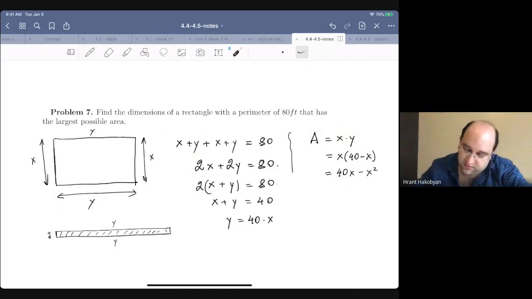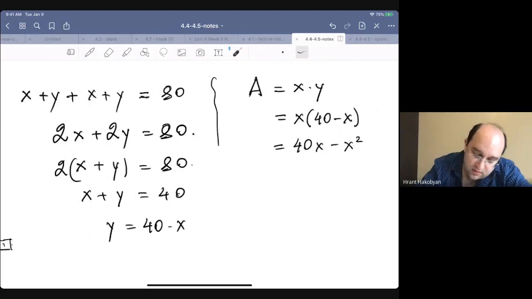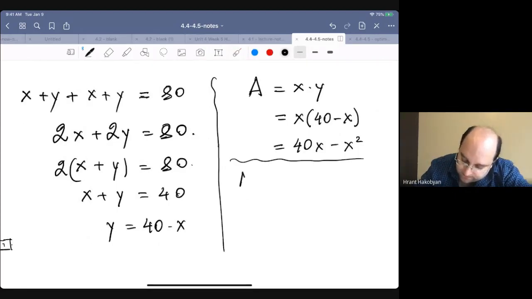So to find that point, we just set the derivative equal to 0. So let's find A prime. A prime is equal to 40 minus 2x.